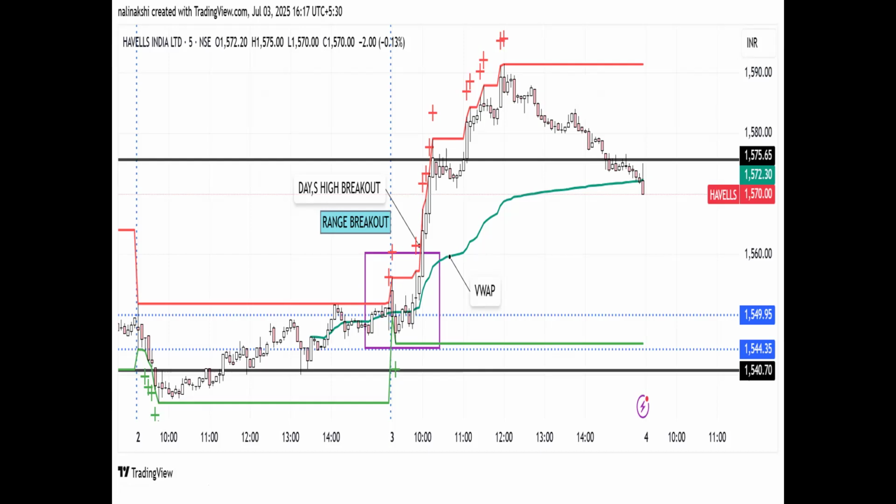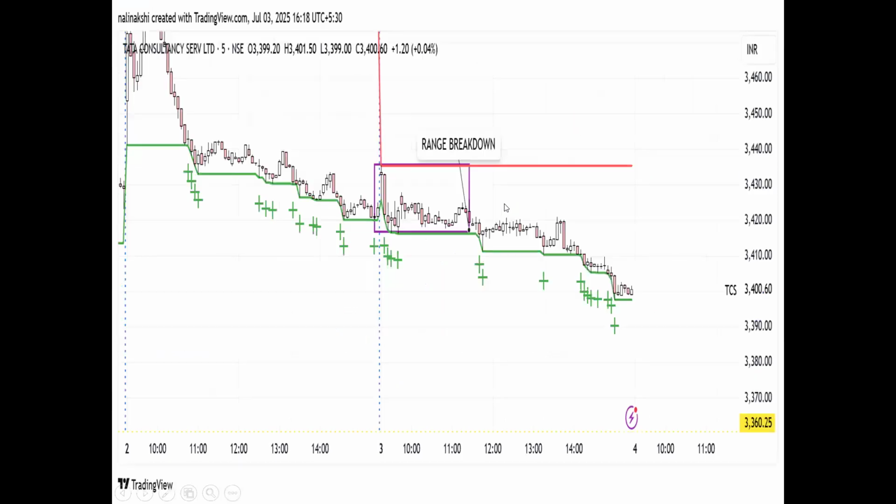But for your intraday trade, for the current day's trade, you need to identify the day high and day low. Once it is identified, it becomes a cakewalk for you to take the trade. Whether to take the trade or not, you can decide for yourself. That is very, very important in the market. It gives you an edge for your trade.